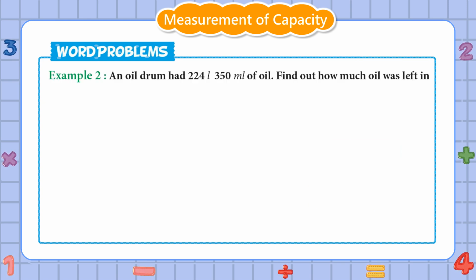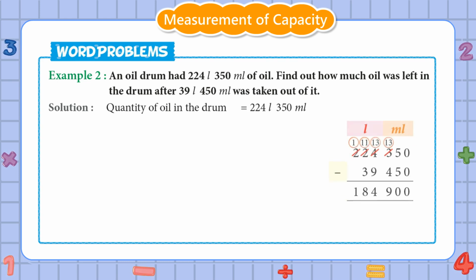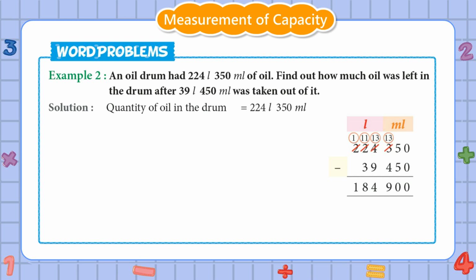Example 2. An oil drum had 224 liters, 350 milliliters of oil. Find out how much oil was left in the drum after 39 liters, 450 milliliters was taken out of it. Solution. Quantity of oil in the drum is equal to 224 liters, 350 milliliters.